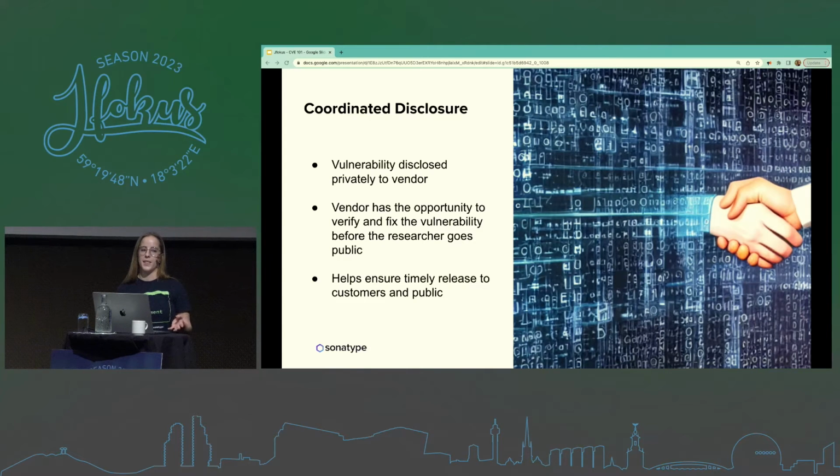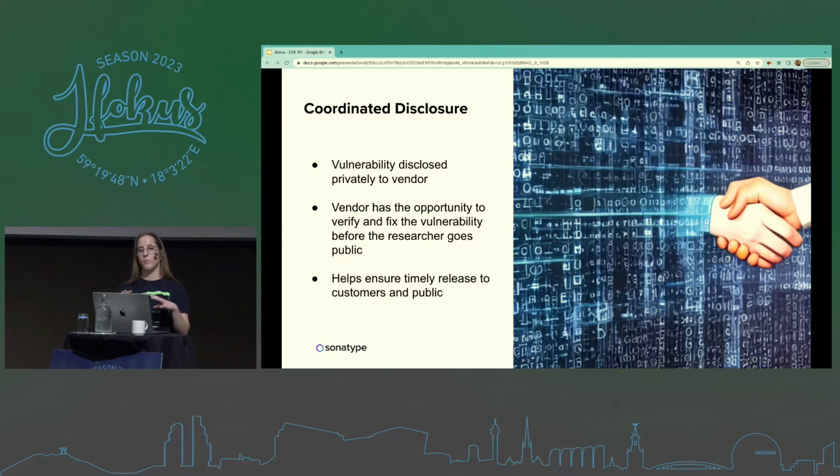Coordinated disclosure is what was not done in that previous example I mentioned. And this is typically regarded as the responsible thing to do. In fact, you'll often hear this called responsible disclosure, but coordinated is now the preferred term because that word responsible is, of course, a little bit biased. And coordinated disclosure is when, instead of just sending this vulnerability to the organization and letting them do what they will, there's an agreement between the researcher and the organization.